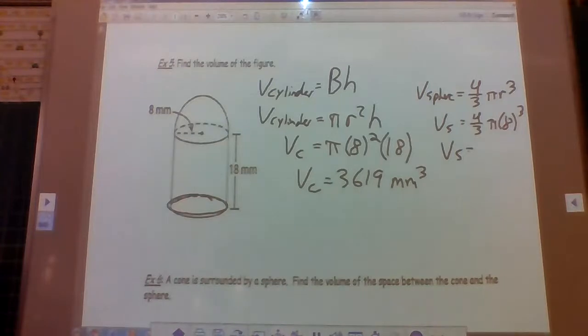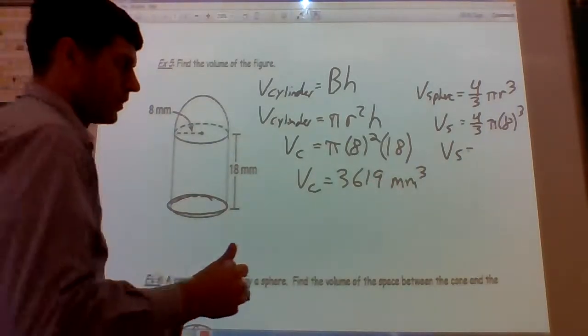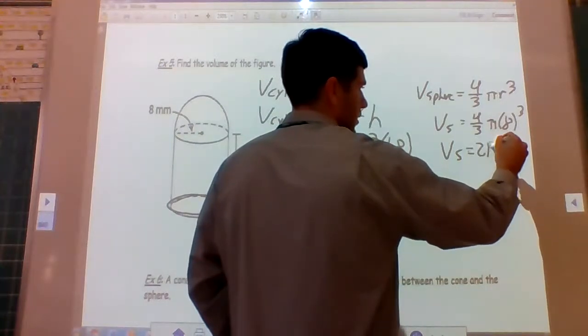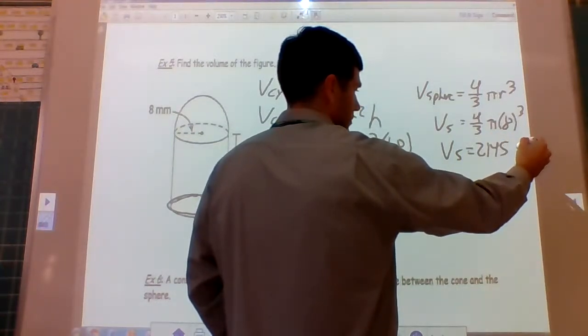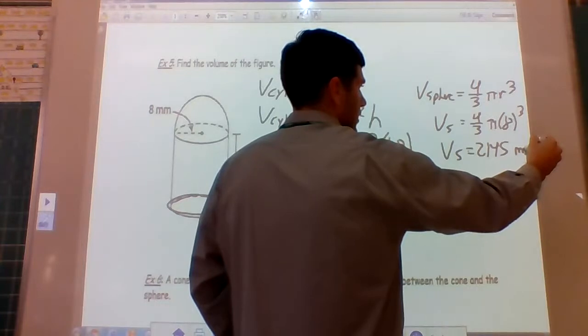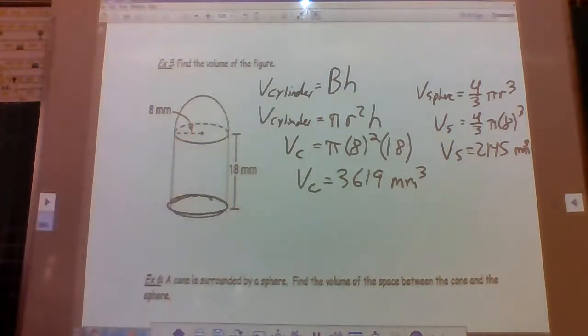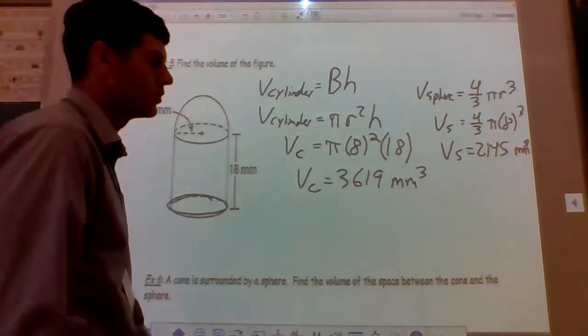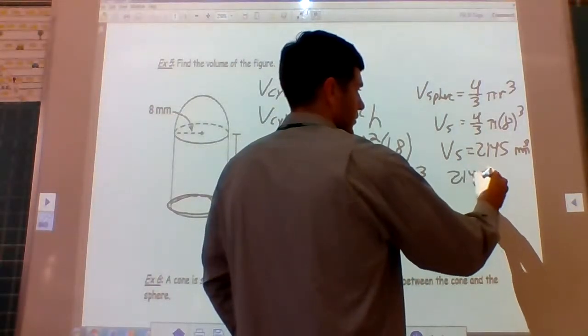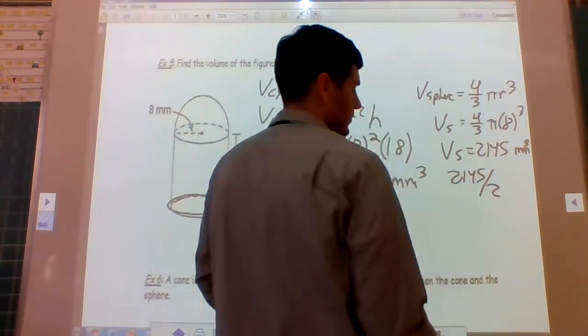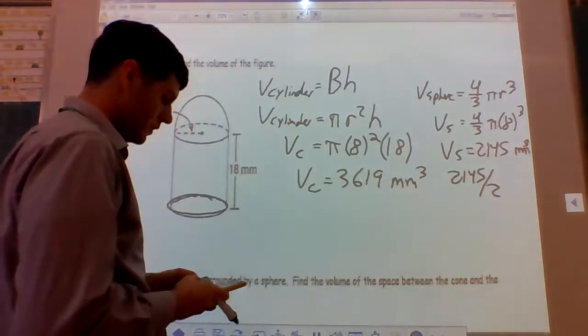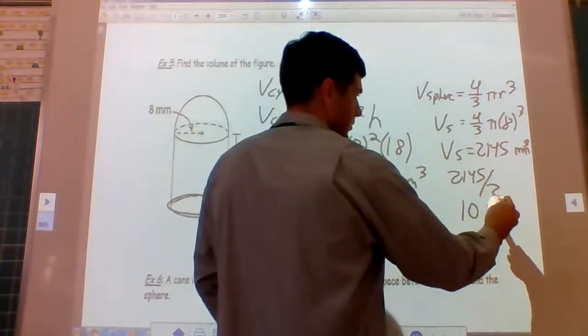So that is 2,145. And that is millimeters cubed. Okay, but we're not looking for a full sphere. We're looking for the volume of half a sphere, so we have to do 2,145 divided by 2, 1,072.